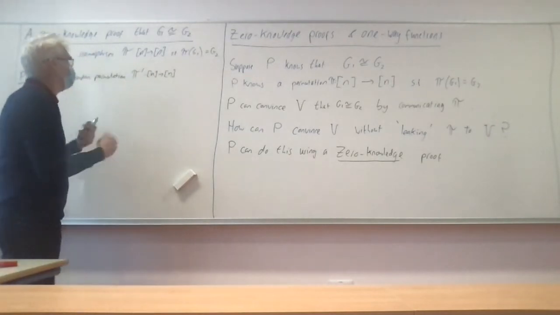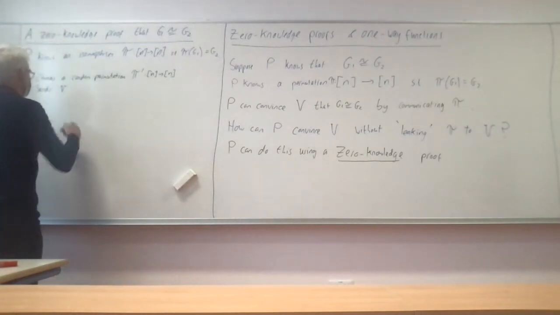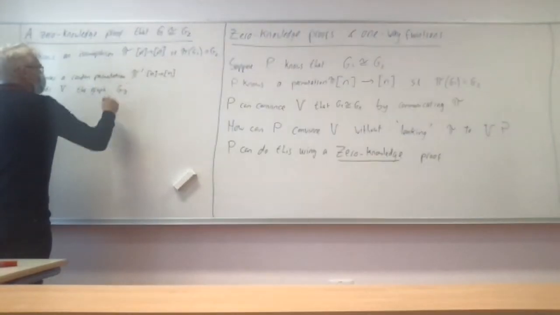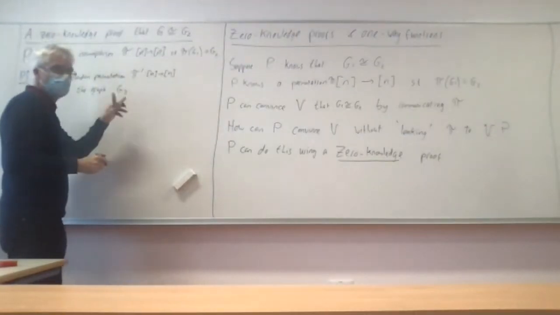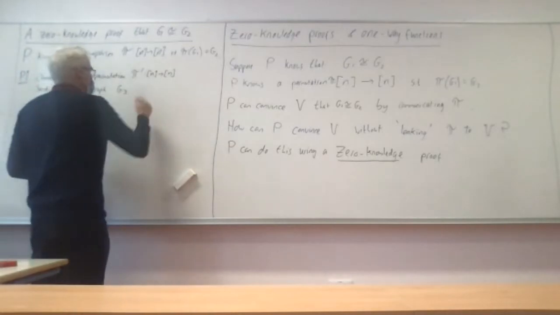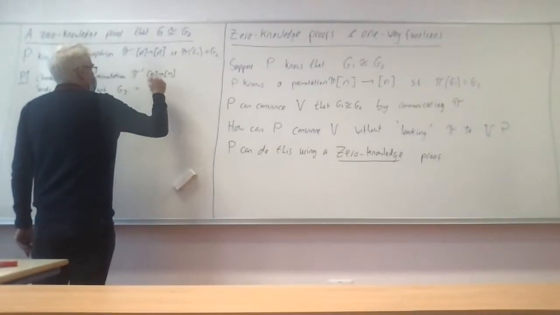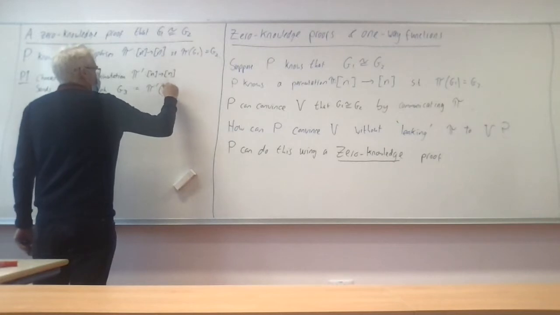So we're going to use π′ to shuffle the vertices of G2, and send the graph G3. The verifier doesn't see the permutation, it just sees the shuffling that we get. This is the same phenomenon as last week. So G3 just gets to see the graph, π′ applied to G2.